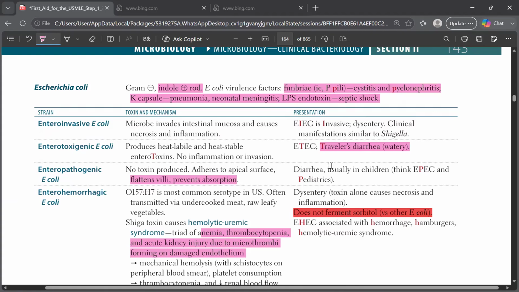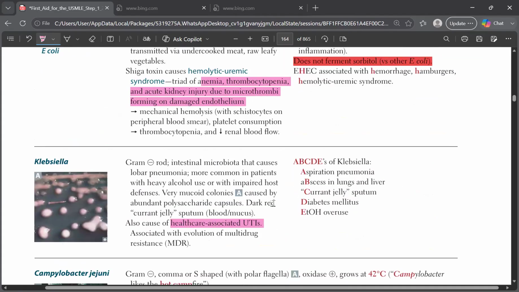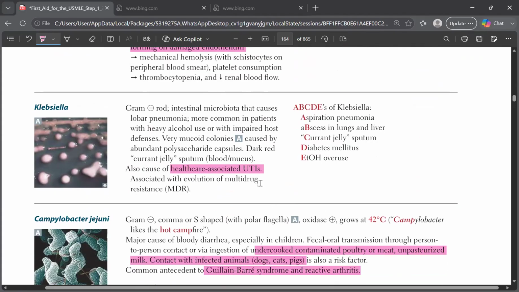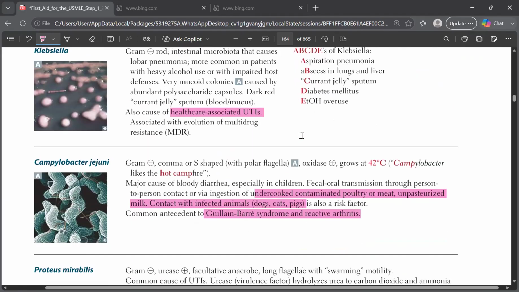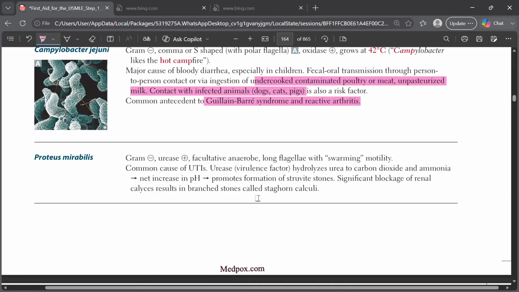E. coli were causing diarrhea of all the types, watery diarrhea in children and dysentery, depending on the type, and Klebsiella is again causing aspiration pneumonia and abscess in the lungs. Campylobacter jejuni is causing bloody diarrhea.